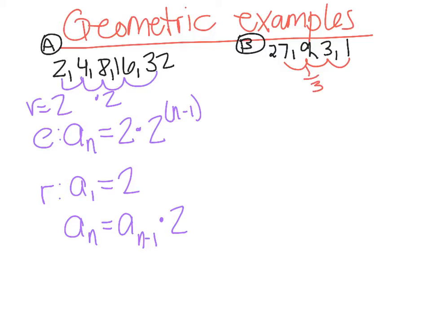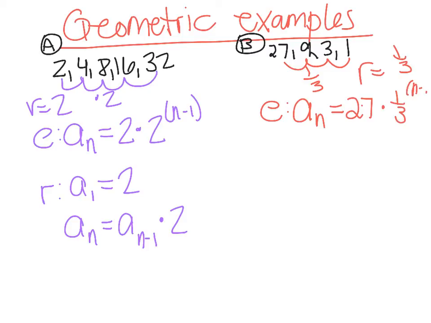So I'm going to have my r equals 1/3, and I'm going to have, for the explicit formula, a sub n equals my first term, which is 27, times 1/3 raised to the n minus 1 power. For the recursive formula, I'm going to have a sub 1, which equals 27, and then I'm also going to have a sub n equals a sub n minus 1 times 1/3.